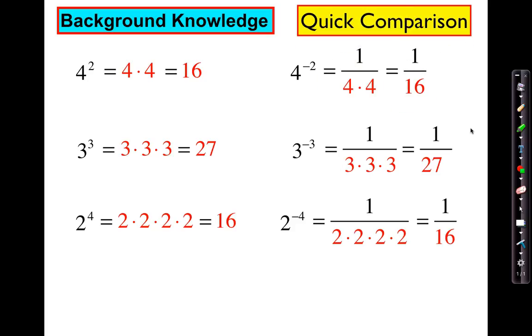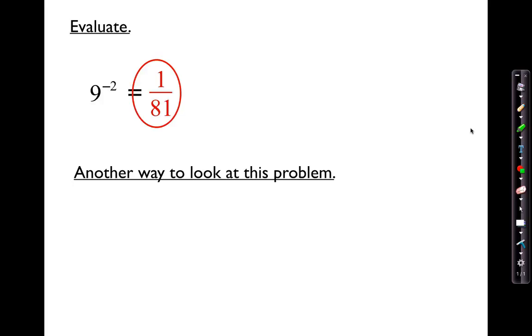From the previous lesson, we were able to distinguish a pattern between positive exponents and negative exponents. So if you were asked to evaluate 9 to the negative second, most of you would be able to come up with 1 over 81. But what's another way of looking at this problem? Like we've said before, positive exponents represent multiplying repeatedly, but negative exponents represent repeated division.